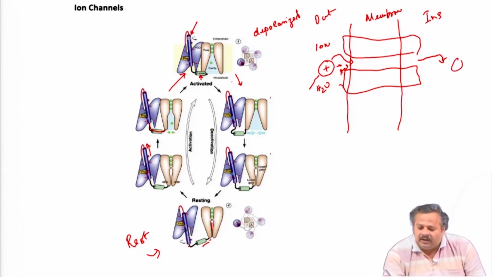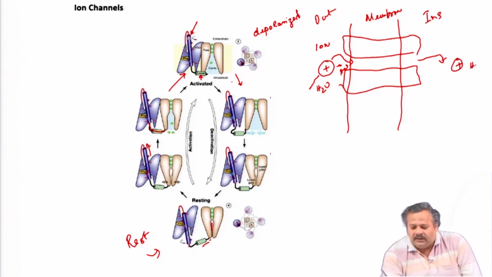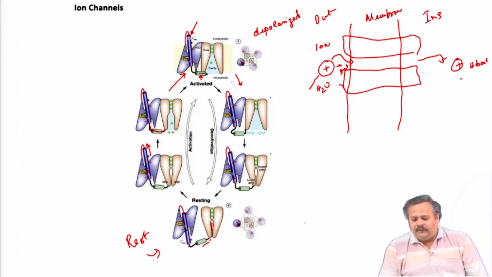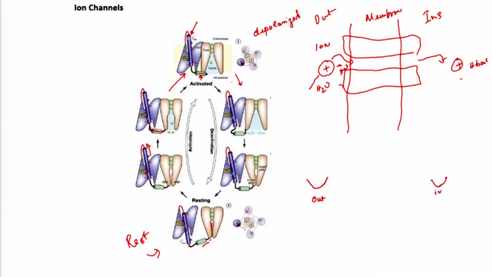Again here it is in a hydrogen bonded state, so this is also very stable. So, if we think of the energetics of the whole scenario, we have a very stable state outside and a very stable state inside the neuron, and in between there is a barrier that it has to go through.